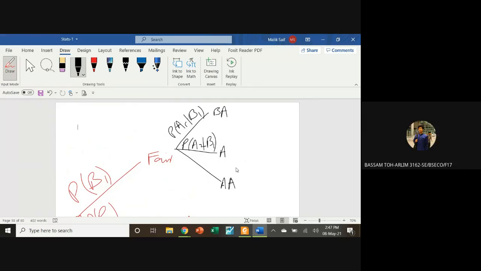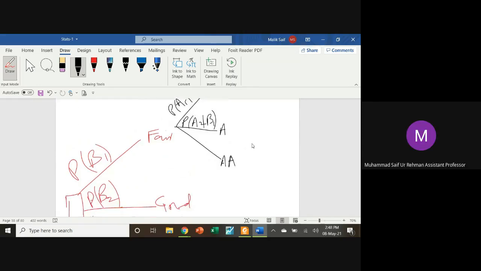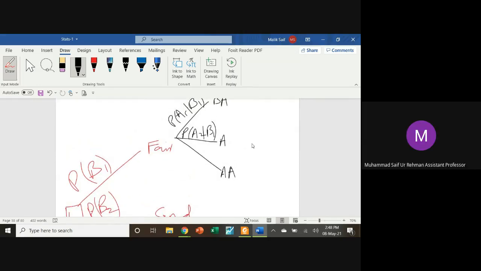As previous, sir, is better. A1, A2, A3. Is it fine? Yes, it's fine, sir. So we can have it. Fine. Okay. So A2 given B1, and then finally you would have probability of A3 given B1. Right.